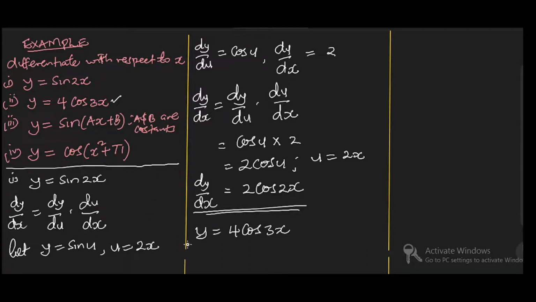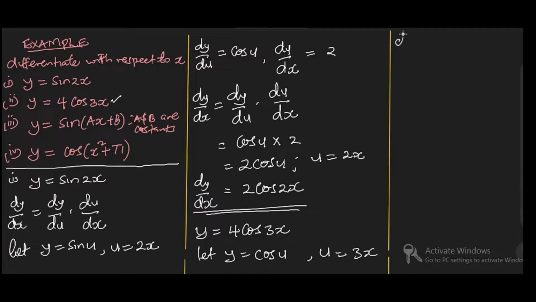We say let y be equal to cos u. That means your u is equal to 3x. Please, this 4 is a constant, so you maintain it as it is, don't tamper with it. Therefore we differentiate this.